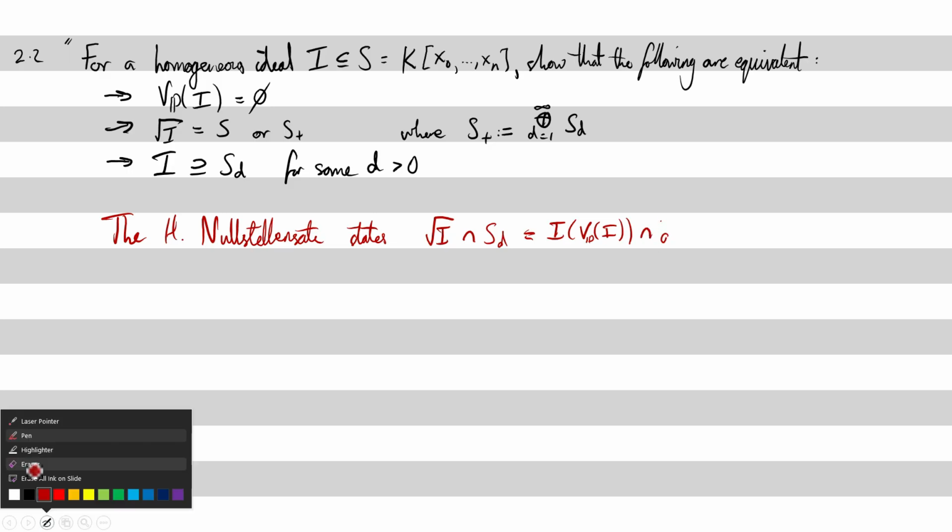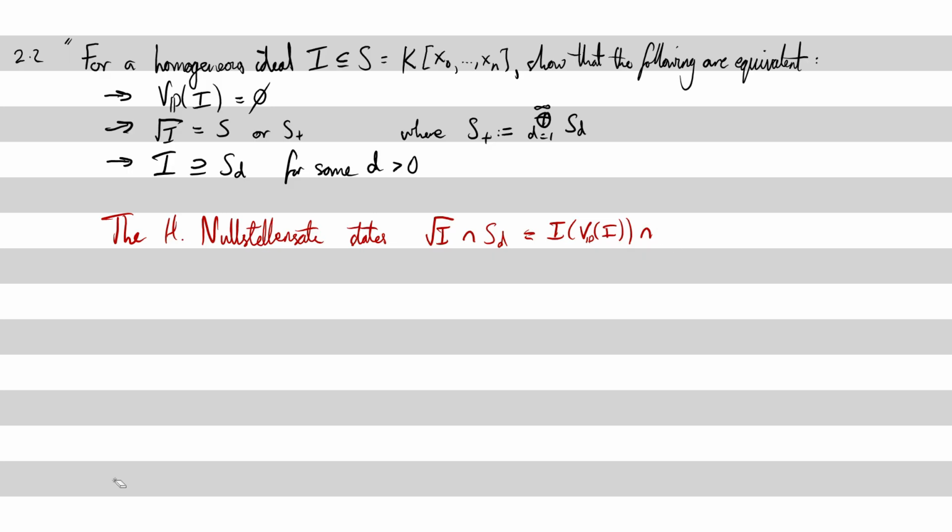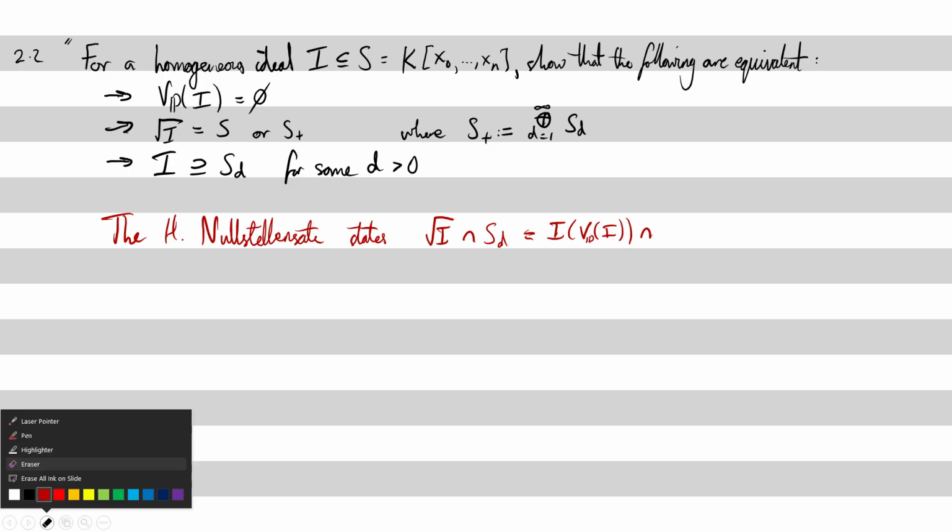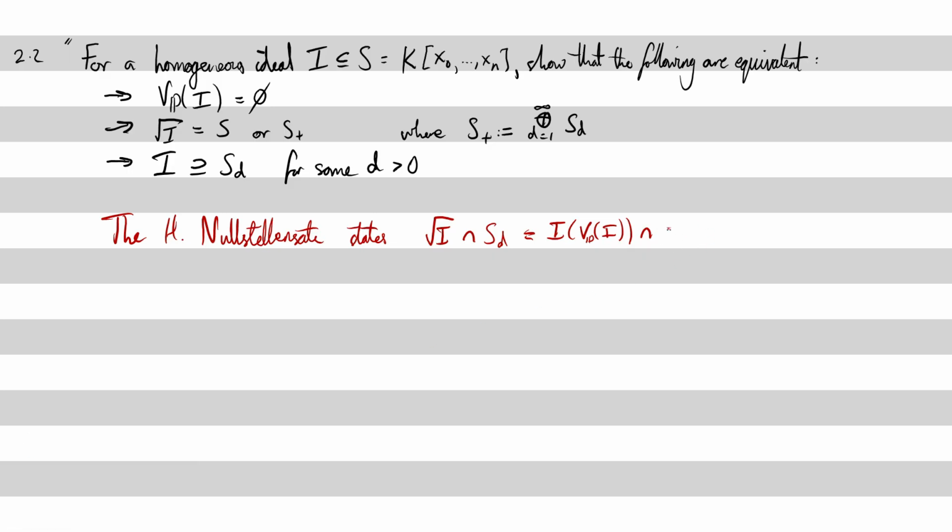Now, the intersections might seem interesting, but if you go back, it assumes that everything is with, well, it just tells you that you're only considering functions of degree greater than 0, which it just tells you S plus, not S d.